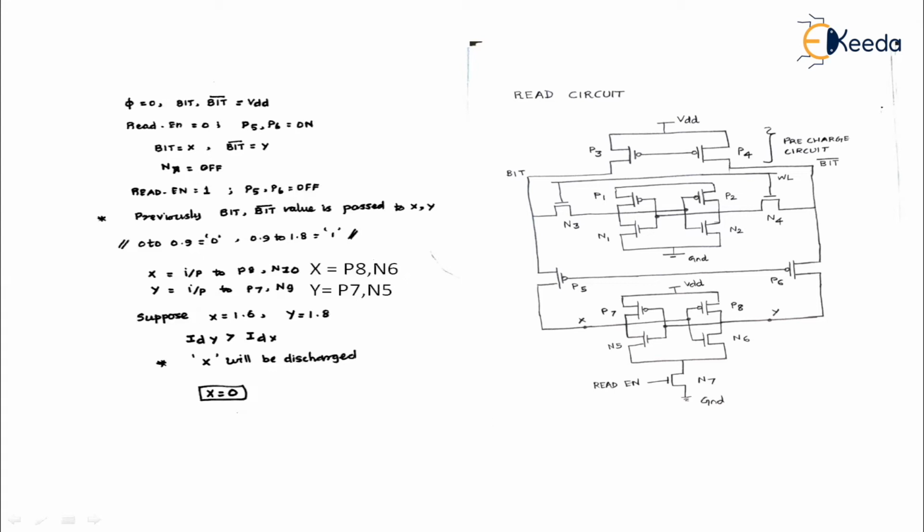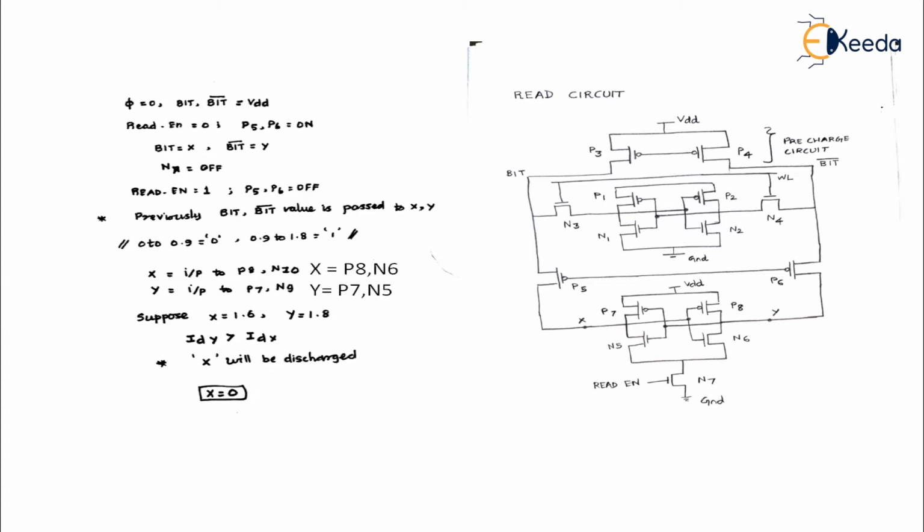Now the bit voltage is stored at the node X and the bit bar voltage is stored at the node Y. Previously, what was present on bit and bit bar? It is VDD. Now I am going to make my read enable signal equal to 1. When I make it equal to 1, P5 and P6 are turned off, because a 1 given to a PMOS will turn off the PMOS FET.